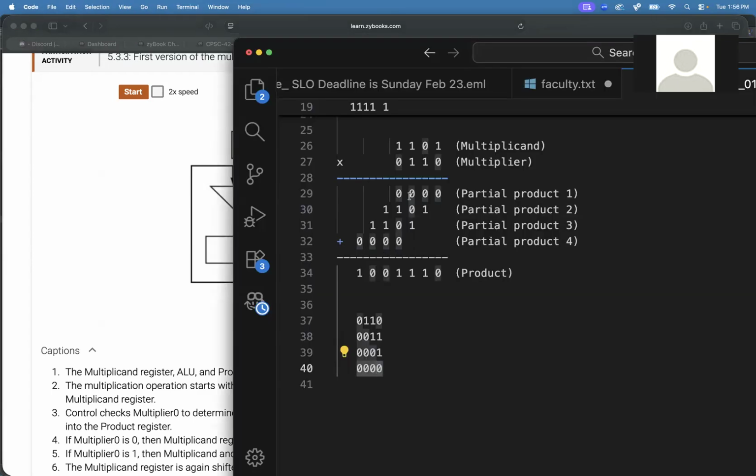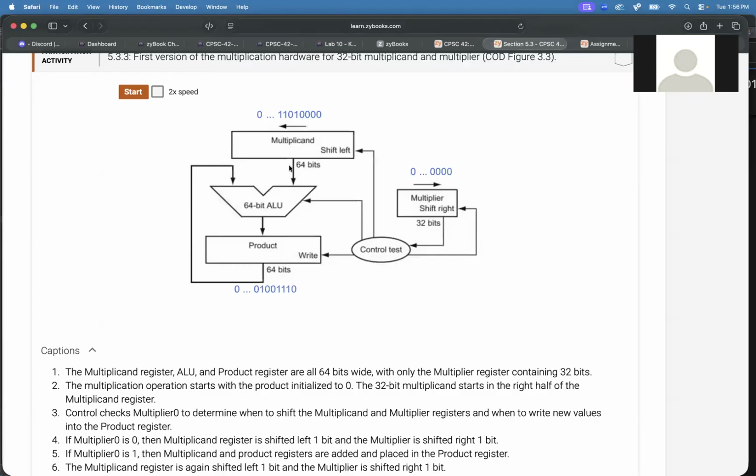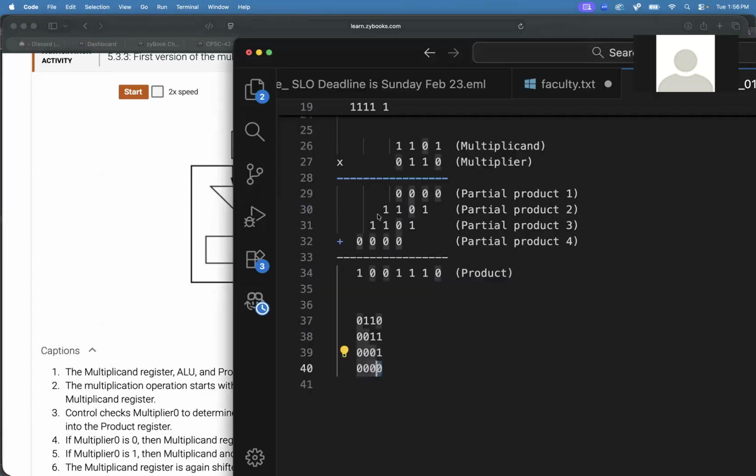And then the control test is, are we adding 0 or are we adding 1101? So this is basically going to form a loop where we're going to shift the multiplicand over to the left by 1 bit, 2 bits, 3 bits, 4 bits, etc. We're going to shift the multiplier to the right 1 bit, 2 bits, 3 bits, 4 bits.